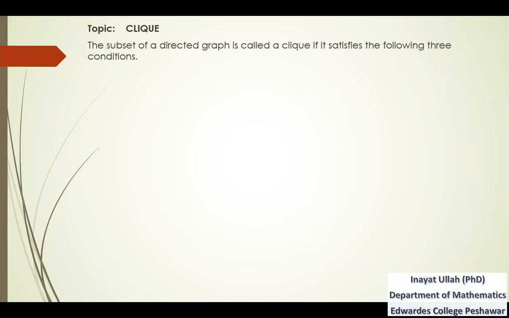A directed graph is made of certain vertices P1, P2, P3, P4 and so on. If we take some vertices from there, that will be a subset of that directed graph. So the subset of a directed graph is called a clique if it satisfies the following three conditions.